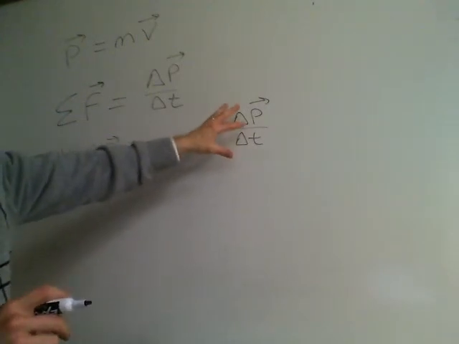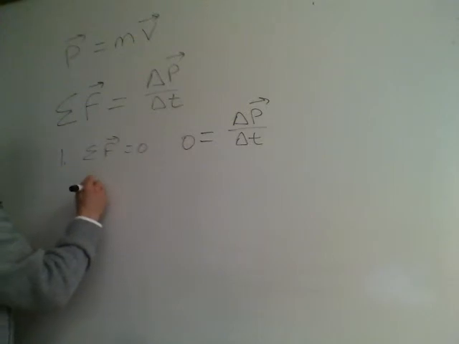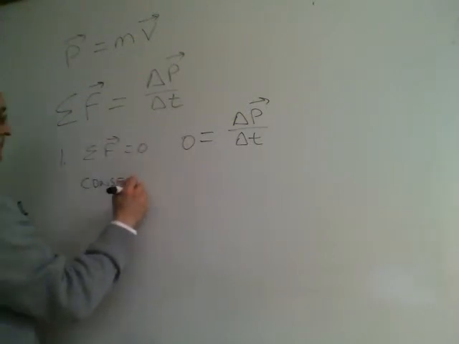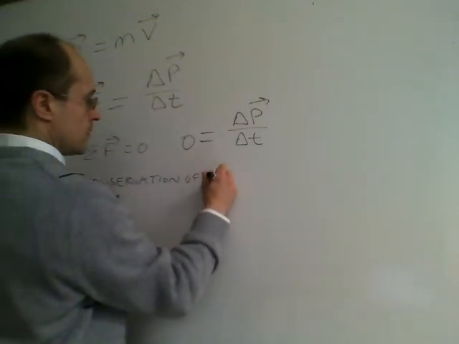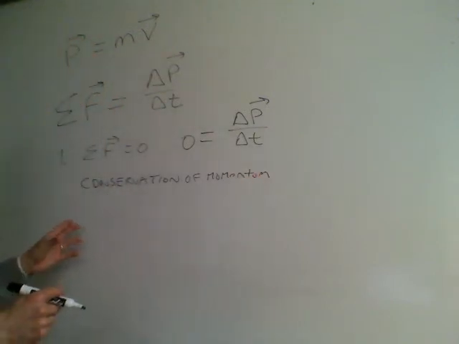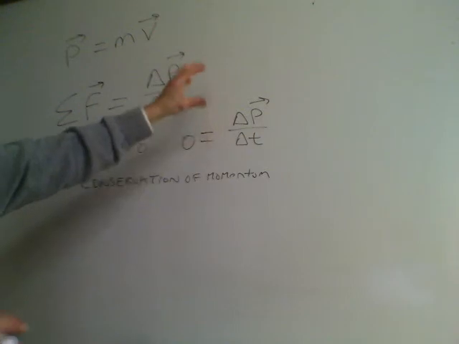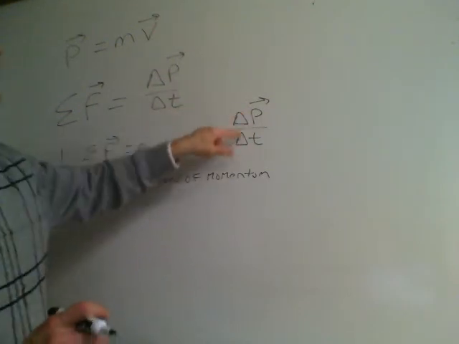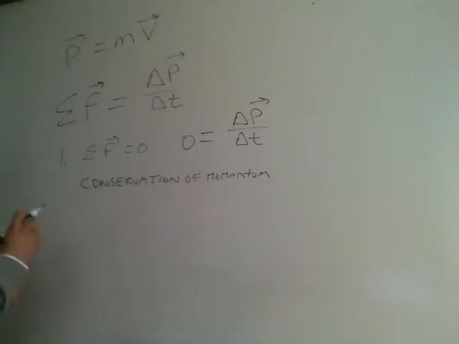In this case, you would say that your momentum is conserved. This is the condition of conservation of momentum: when the sum of the external forces on your object is 0, then your momentum is constant in time.